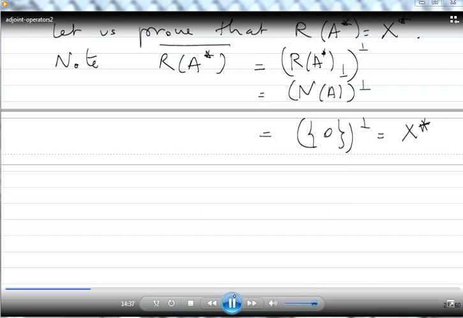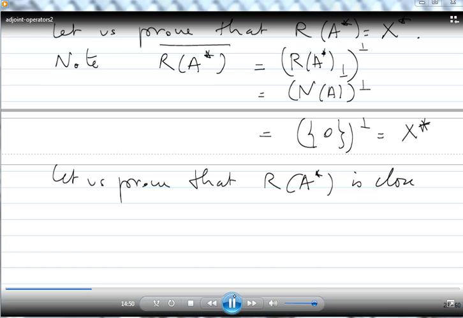So what we want to prove now is that R of A star is closed. Okay? So let x star belong to the closure of R of A star.